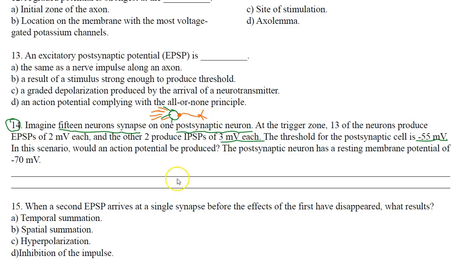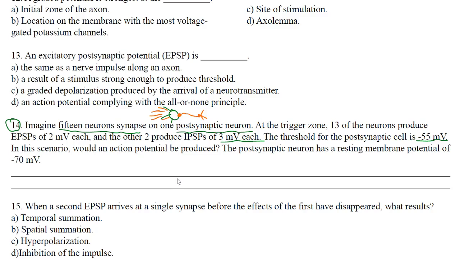These are axon terminals. 13 of the neurons produce EPSPs of 2 millivolts each, and the other 2 produce IPSPs of 3 millivolts each. If we're talking about something spatial, you can have both IPSPs and EPSPs. That's my first little indicator. If you're talking about temporal, you can have all EPSPs or all IPSPs. But when it comes to spatial, you can have both. So that's another indicator that I'm definitely talking about spatial.